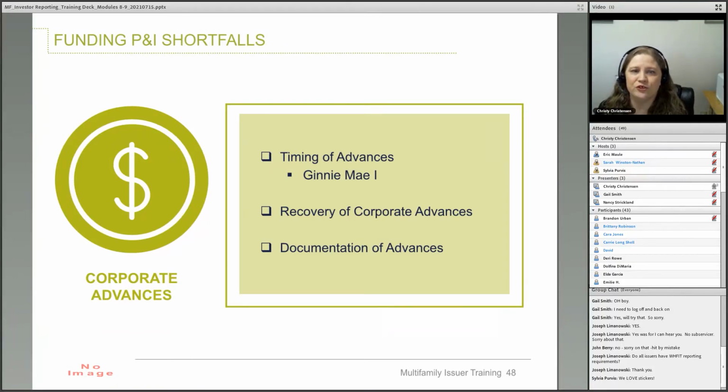If you use corporate advances to fund your P&I shortfalls, ensure you advance the funds to the P&I account prior to the Ginnie Mae ACH draft on the 15th calendar day. Ensure you recover the corporate advance properly and document all advances.